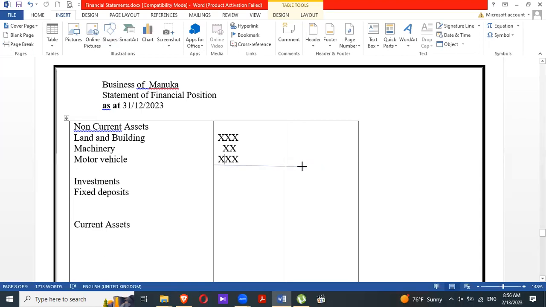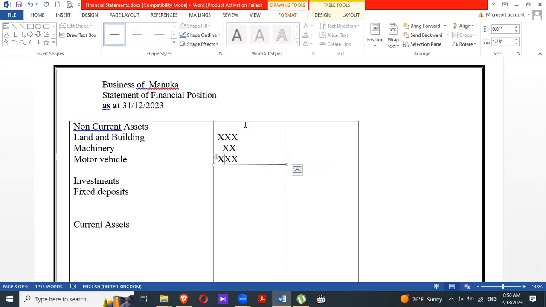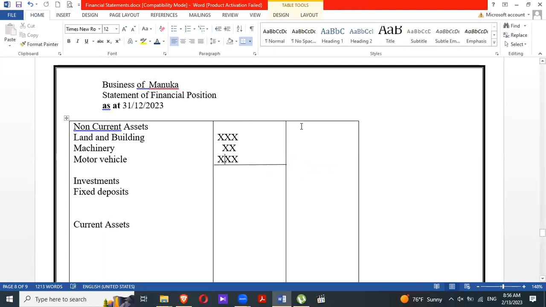Likewise, take the balance to the other side. Then mention some values for investments and fixed deposits.